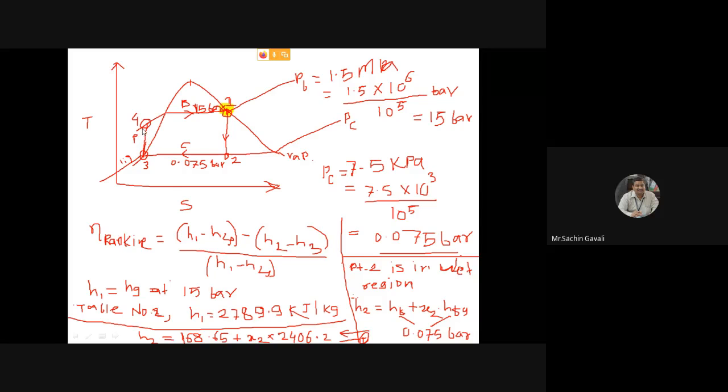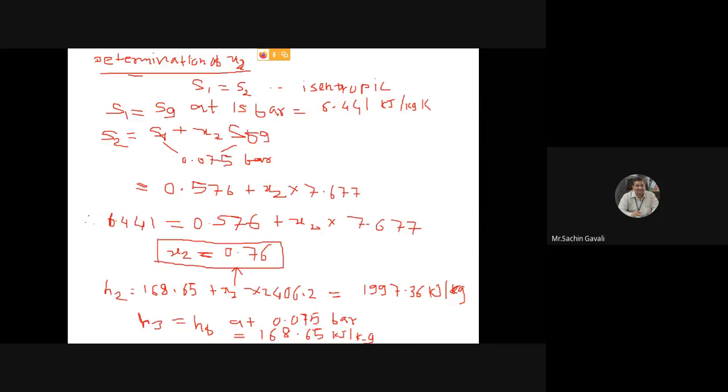Then for that, we have one equation. What is that equation? W pump we can know. W pump is equal to H4 minus H3.